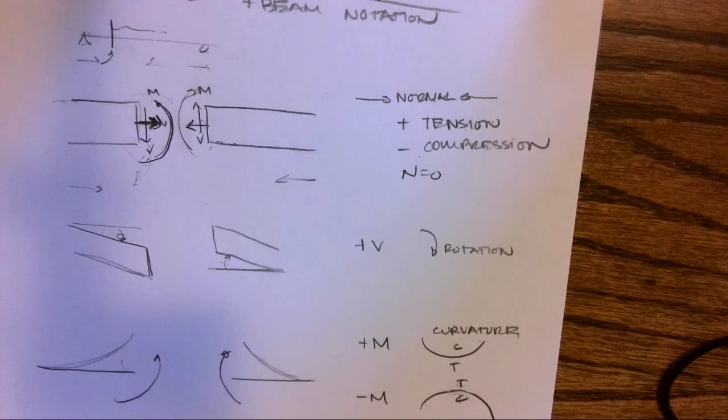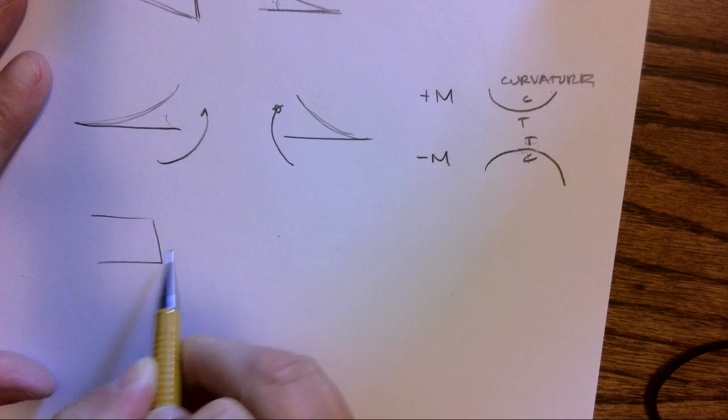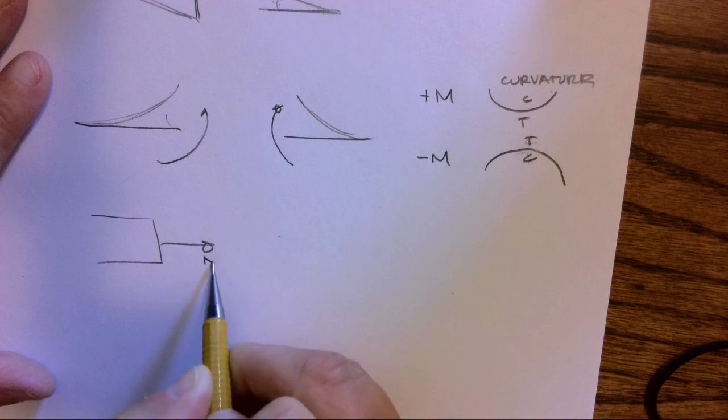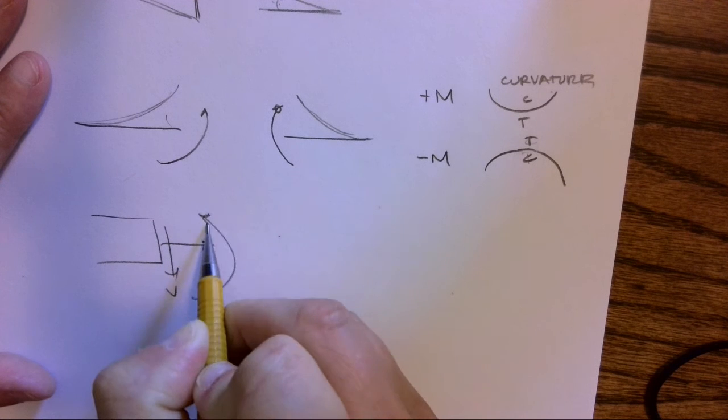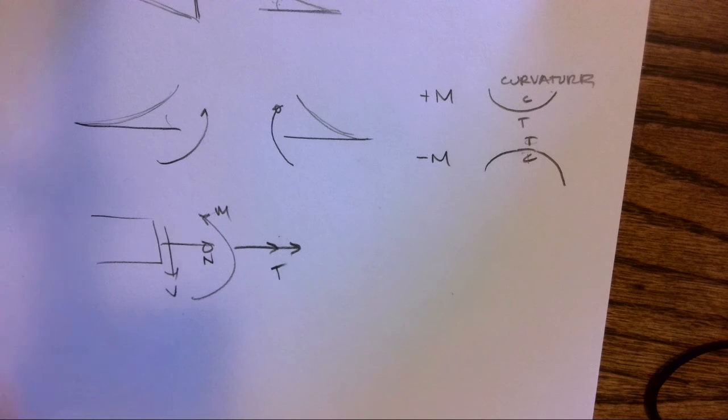The other thing is that actually in strengths, we don't just have normal, and we don't just have shear, and we don't just have bending moment, but we could also have torsion. We don't talk about torsion a lot in statics, but it's actually the fourth internal force that we need to look at.